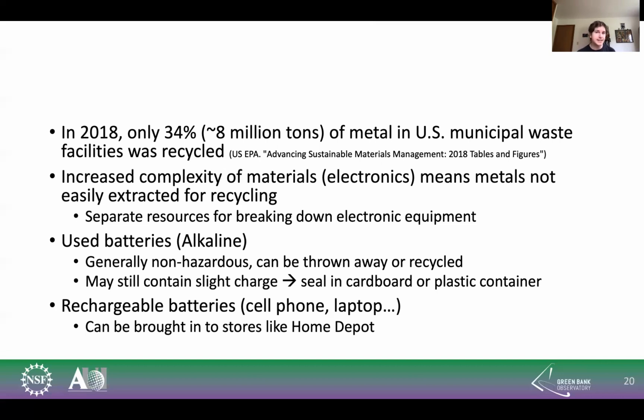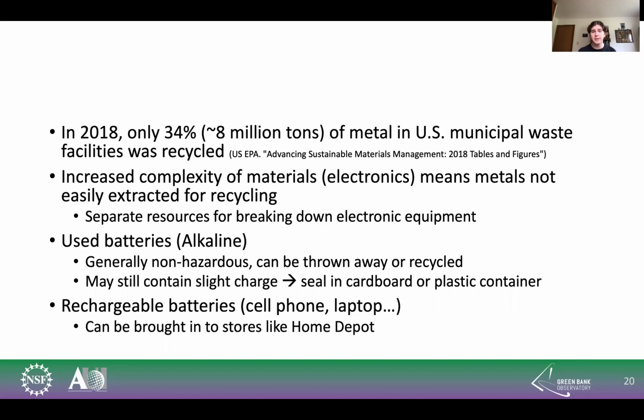However, because they may still contain slight charges that risk being discharged when they're thrown into landfills and such, it's generally recommended that you store up your used batteries in a cardboard or plastic container that isn't going to conduct, and then throw that whole item into the trash. Similarly, with things like 9-volt batteries, where the prongs are on the same side, it is recommended that you tape over them. So while this is an arguably tedious process, it is safer in the long run.